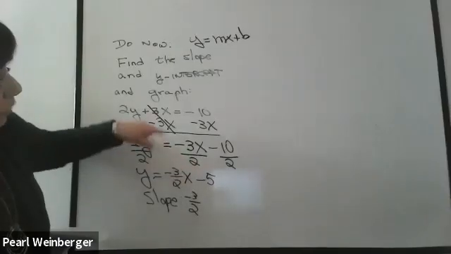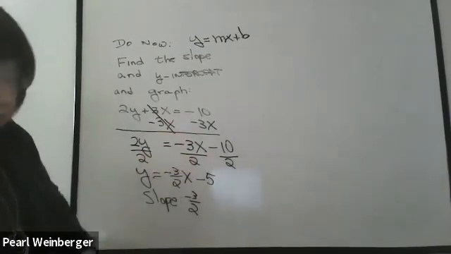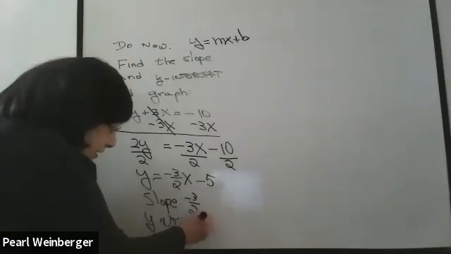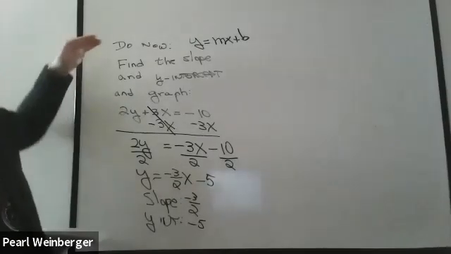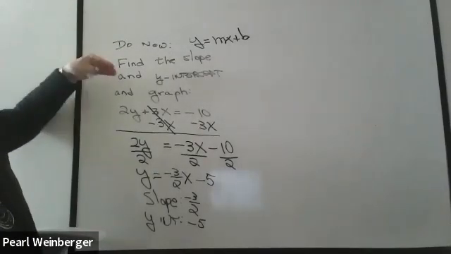When you're writing what the slope is, you just write the number without the x. And you said the y-intercept is going to be, you said negative 5, right? Negative 5. Right. So she's accomplished the first part. She found the slope and the y-intercept.